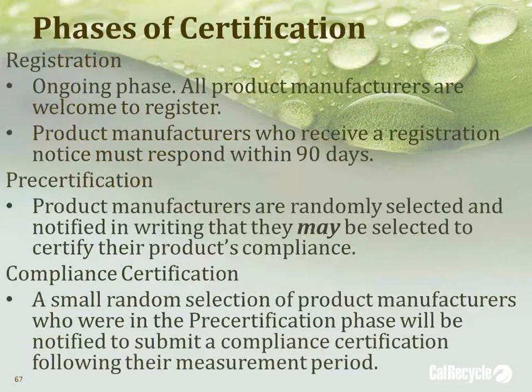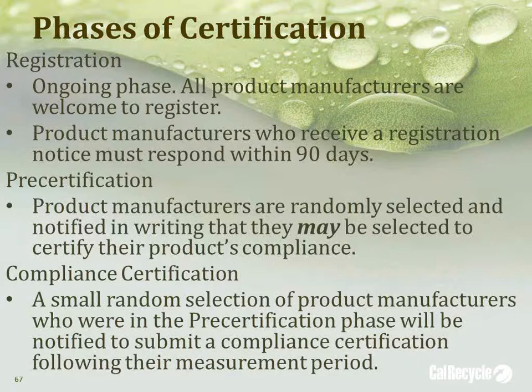And in summary of the phases of certification, CalRecycle has a 3-phased certification program. They include registration, which is an ongoing phase, and all product manufacturers are welcome to register. Product manufacturers who receive a registration notice must respond within 90 days. Our pre-certification phase is when product manufacturers are randomly selected each year and notified in writing that they may be selected to certify their product's compliance.